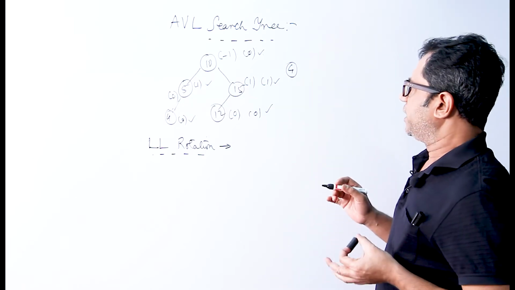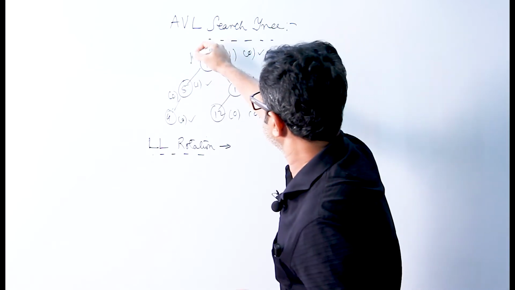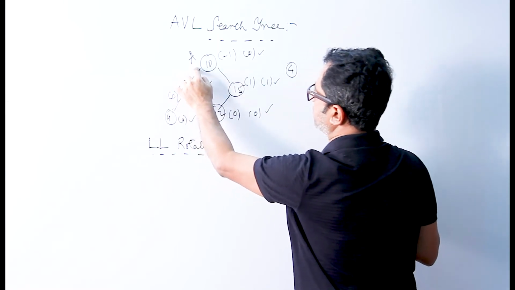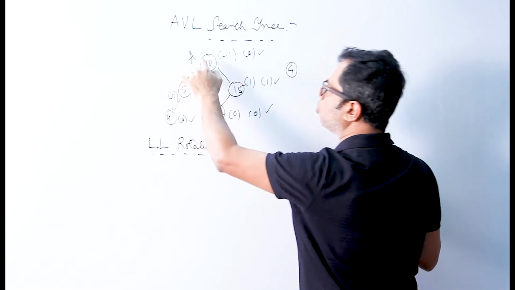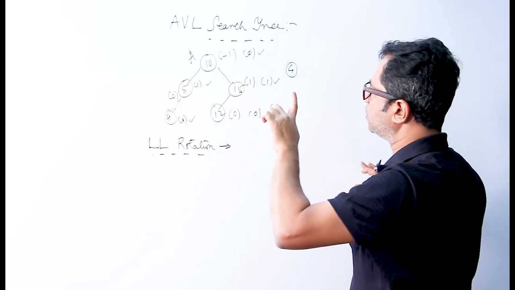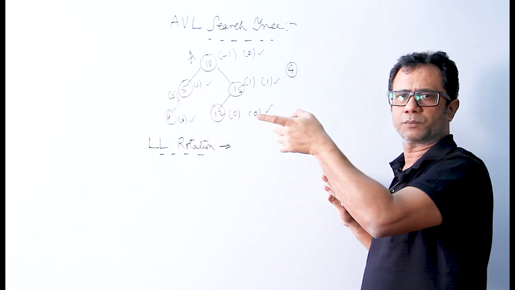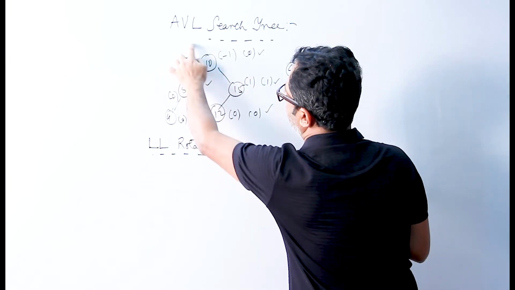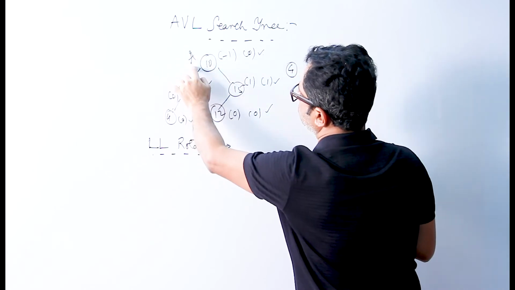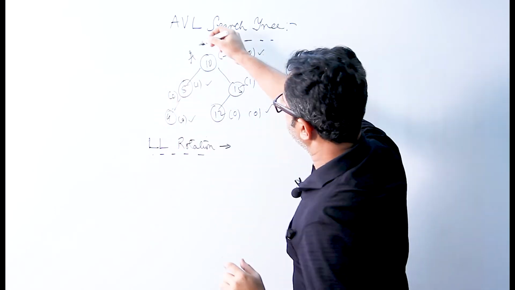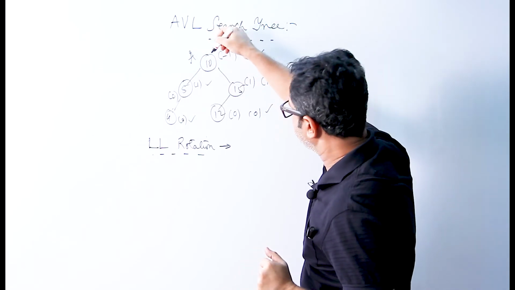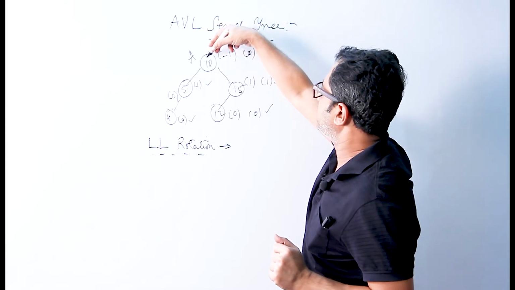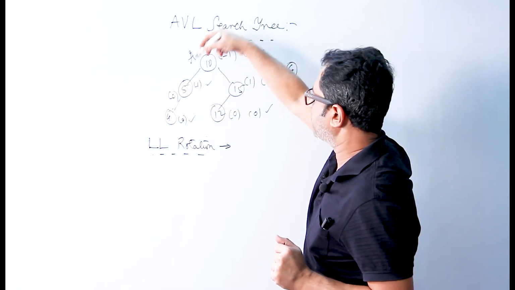Suppose this is node A. If the balance factor of any node is affected or goes astray from the permissible values, then that node is considered to be A. Let us consider an example where the node containing 10 has its balance factor affected by the insertion process.